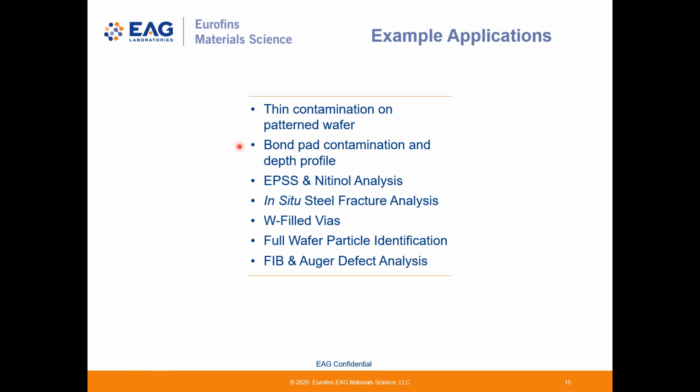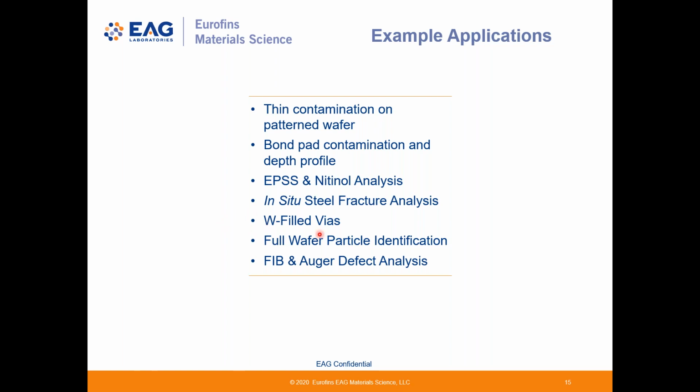I'll also show some examples of analyses of two very important metallurgical alloys used by semiconductor equipment manufacturers and medical device makers, among other people, namely electropolished stainless steel and the nickel titanium memory shape alloy. A very interesting analysis on an embrittled steel sample will be shown next, followed by an example of Auger analysis inside challenging geometry of a via.